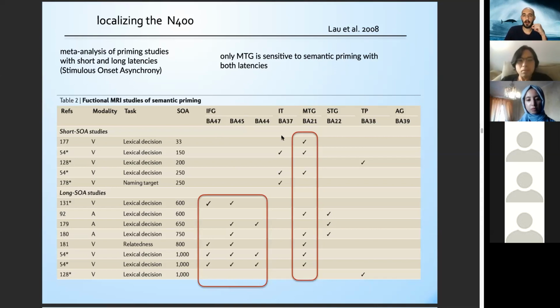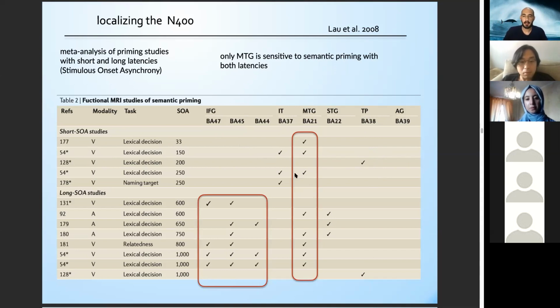If you look at your BA37, so your inferotemporal cortex, it's more sensitive to short latencies. Your angular gyrus is not really sensitive to anything. Your temporal parietal conjunction, your temporal poles are sensitive to short latencies. But look, the MTG is sensitive to both.